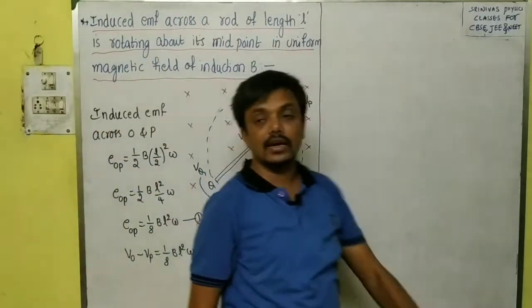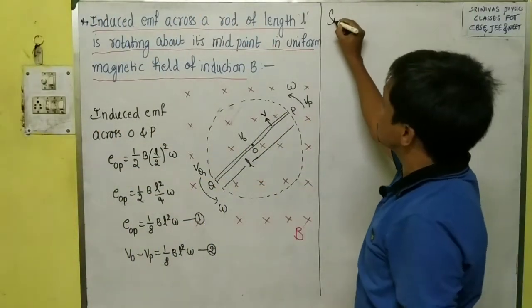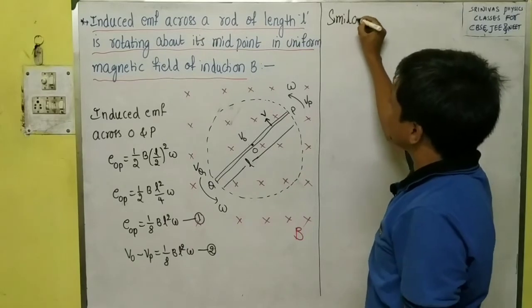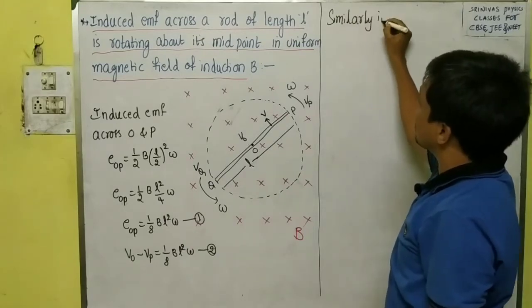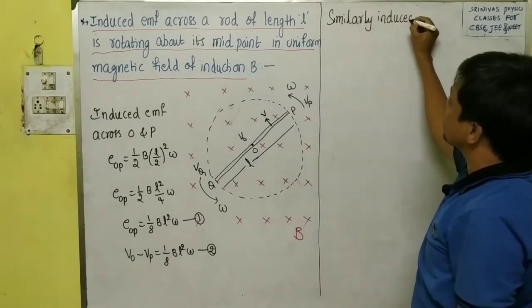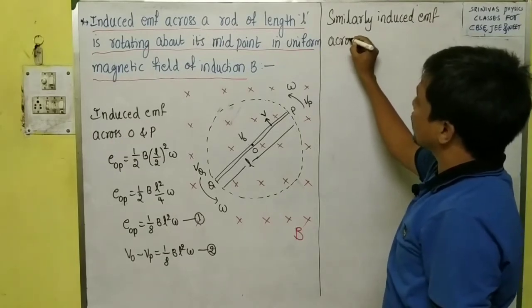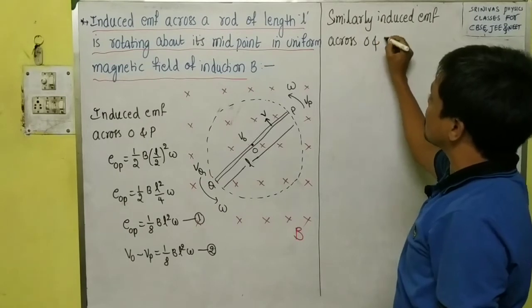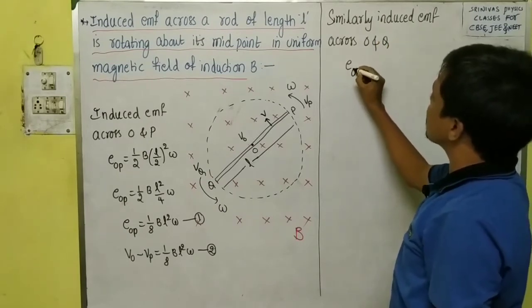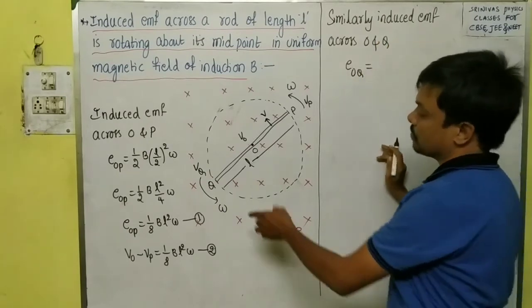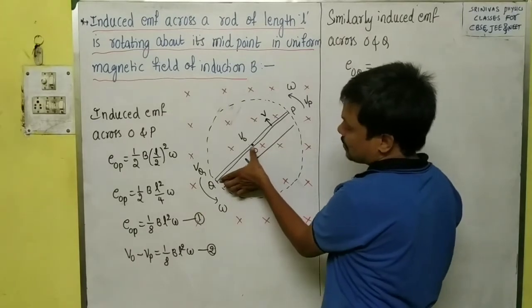Similarly, we can write the induced EMF across O and Q, which is also the same. OQ length is L by 2.